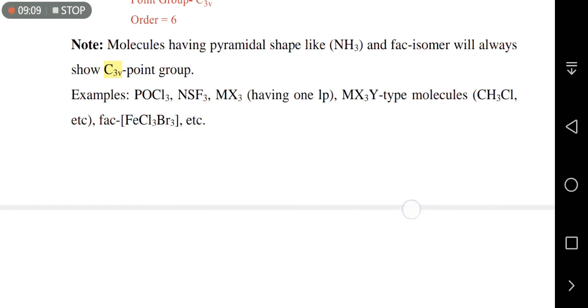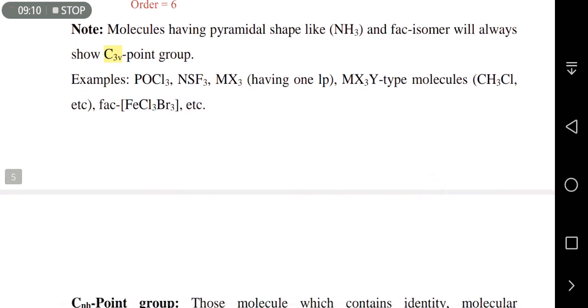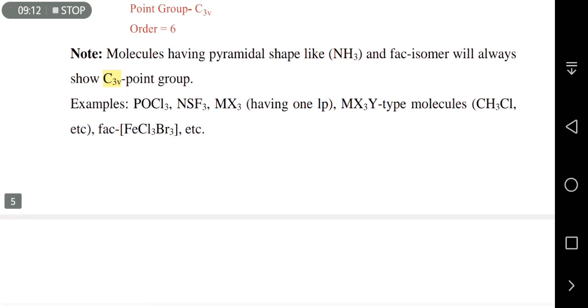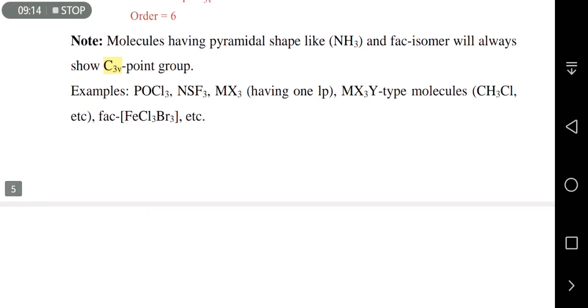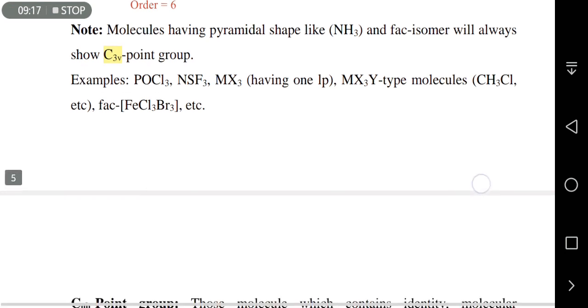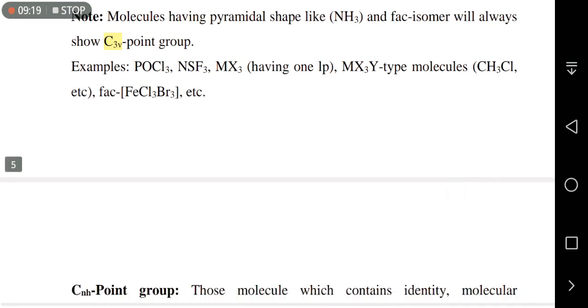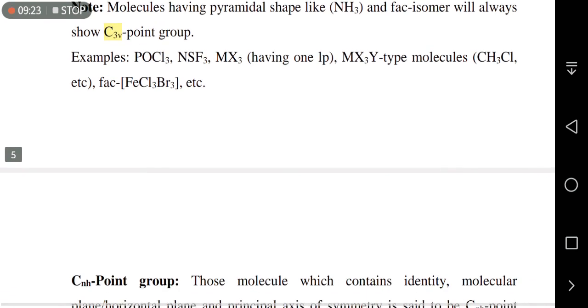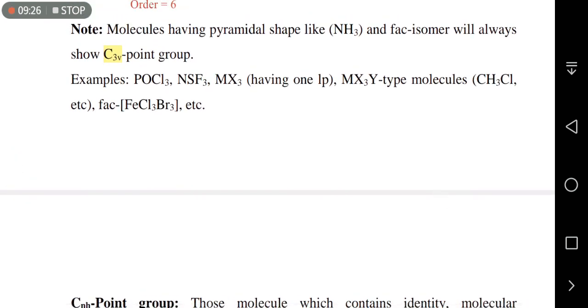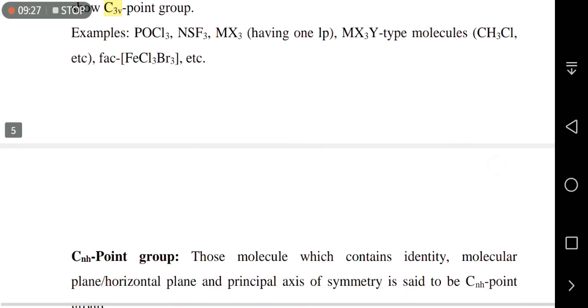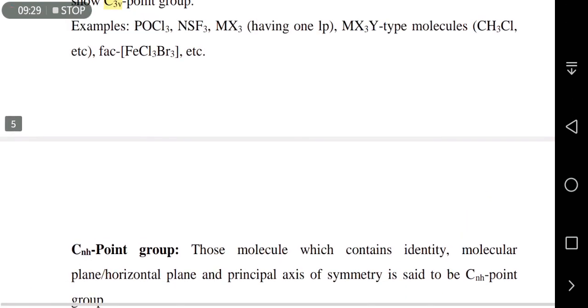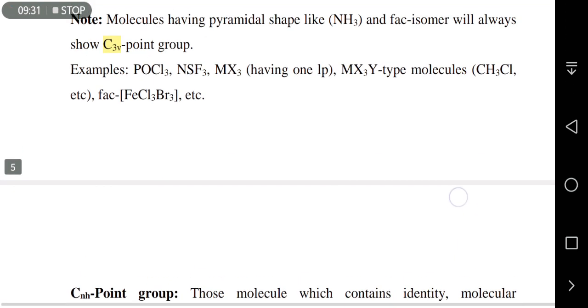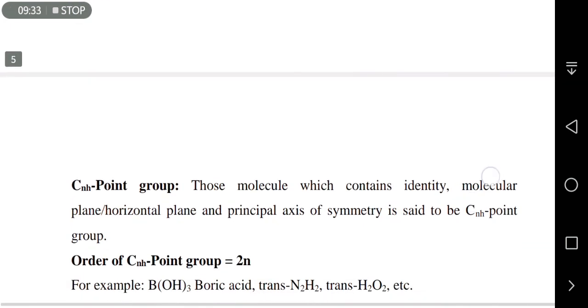You can draw it. MX3 having a lone pair, MX3Y type molecules like CH3Cl, CCl3H, facial FeCl3Br3. Such type of molecules have the C3V point group. Please remember, you don't have to identify all the symmetry elements in this molecule. If you remember such a trick, you can identify the point group of this molecule.